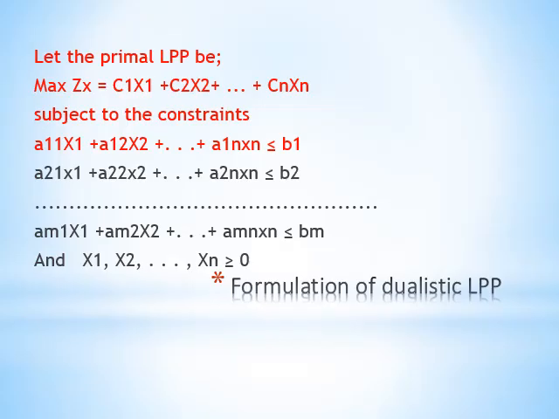A11 is the cost of production of 1 unit of x1.